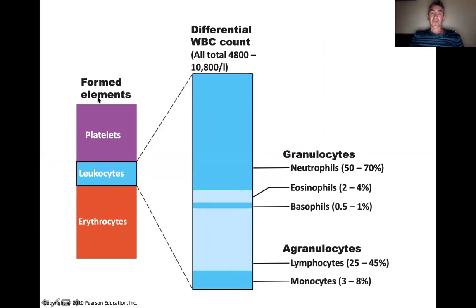So of our formed elements, this is excluding plasma, 45% erythrocytes, less than 1% of our leukocytes, and a slightly higher amount of platelets. So we'll address those in another lecture. So right now we're focusing only on leukocytes, only on the white blood cells.